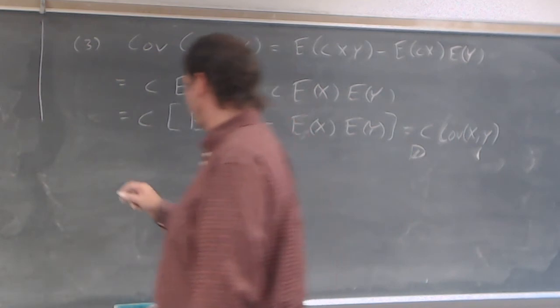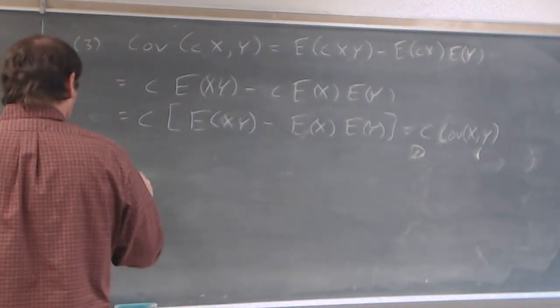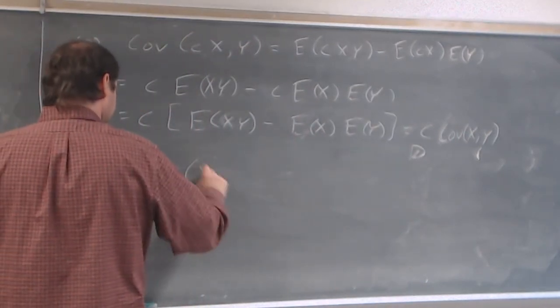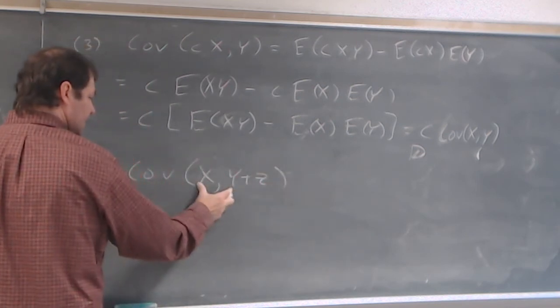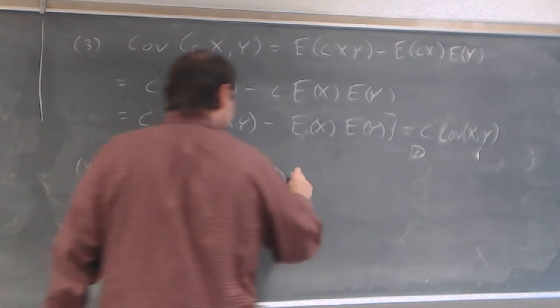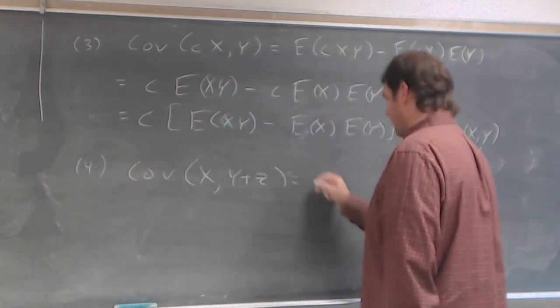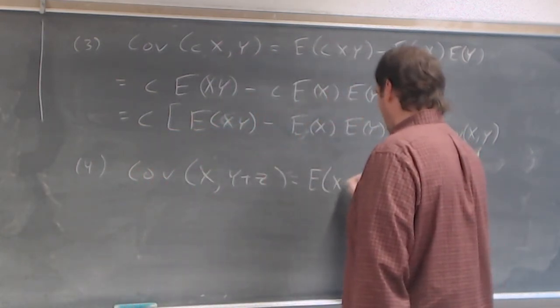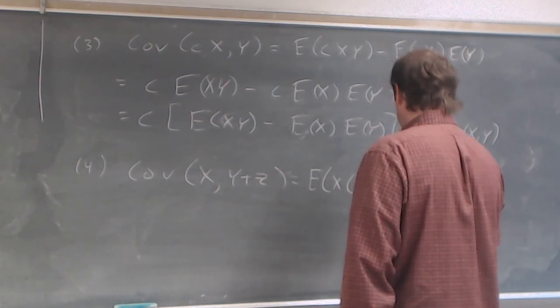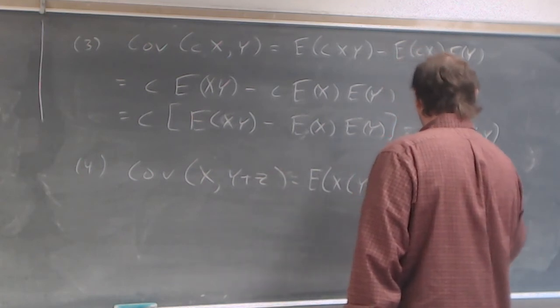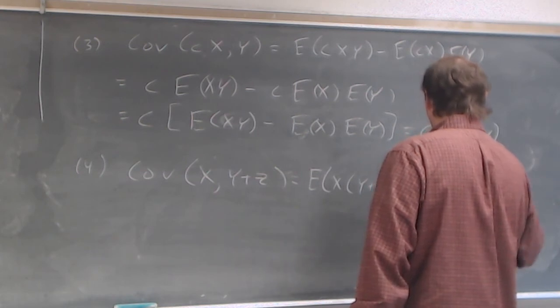So that's that one. And fourthly, we're trying to show that the covariance of x with y plus z is equal to the covariance of x with y plus the covariance of x with z. But this is by formula going to be equal to the expected value of x times y plus z minus the expected value of x times the expected value of y plus z.